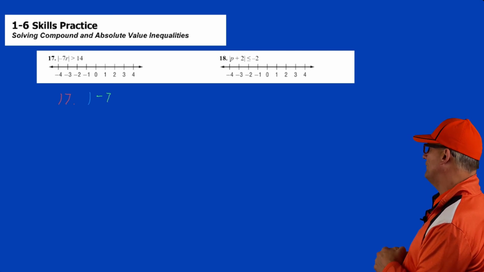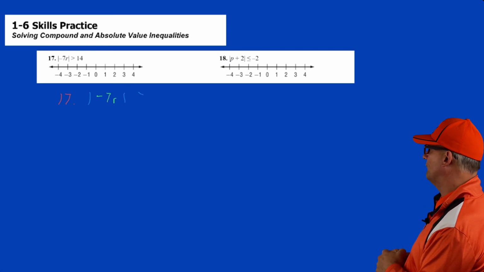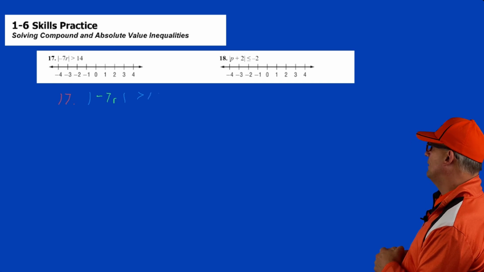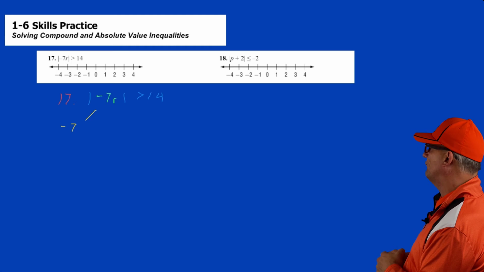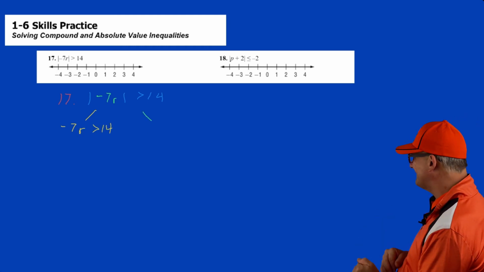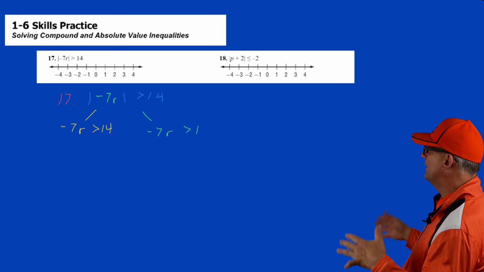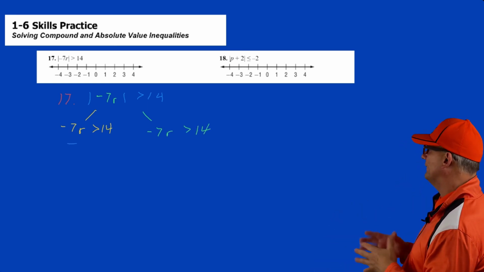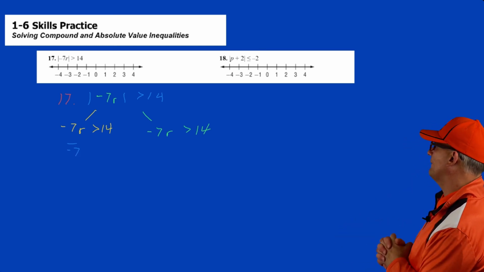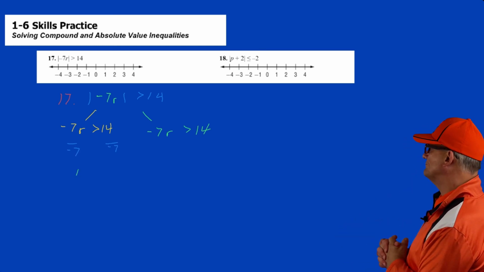All right, absolute value of -7r is greater than 14. We're going to rewrite it, -7r, right, greater than 14, and -7r greater than or less than -14. So when we change the signs on the second expression, flip the inequality, it's automatic. Okay? All right, here we go.